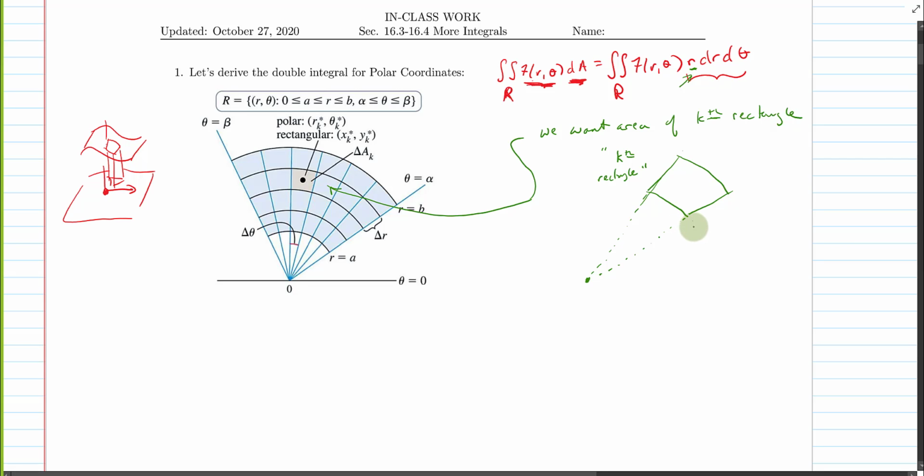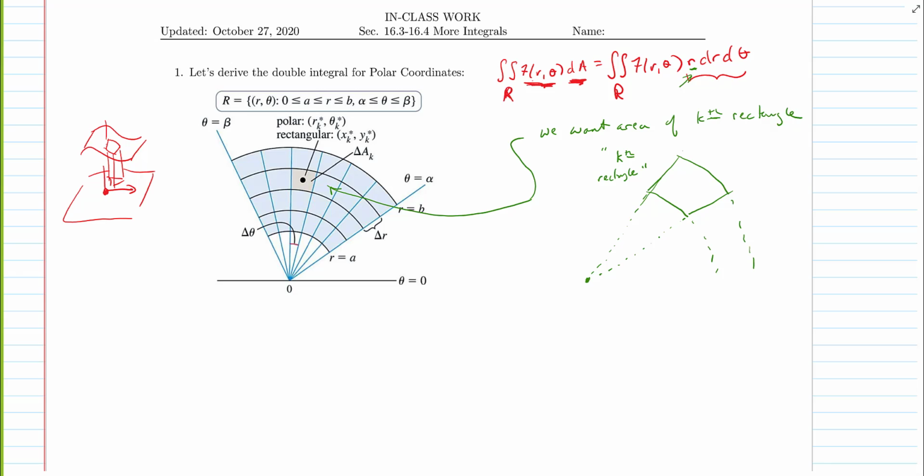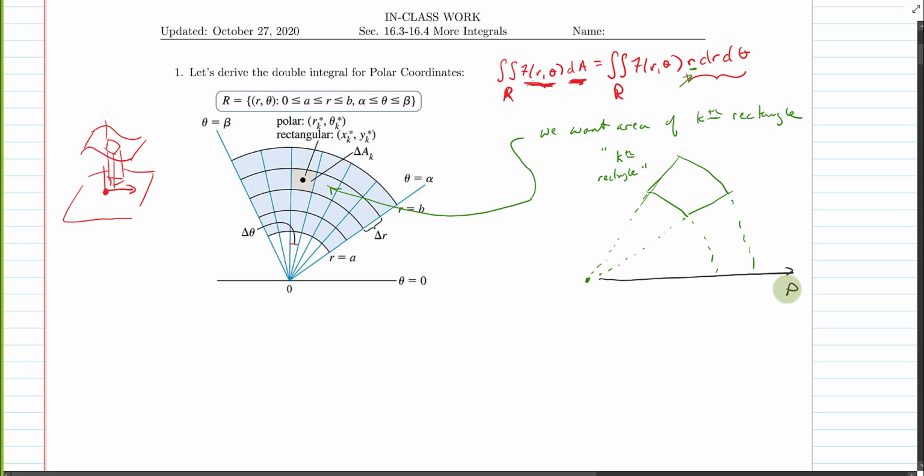One way we could look at this is, coming from our polar axis, this kth rectangle looks like this, where it's bounded on one side by some r equals r sub k minus 1, and some r equals r sub k. So it's got a radius on either side of it.